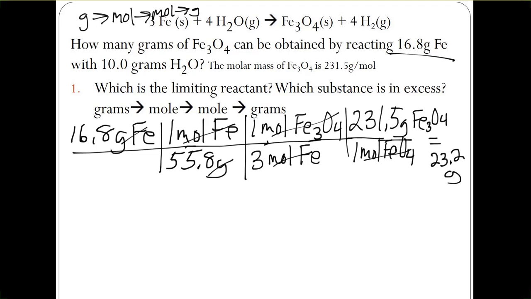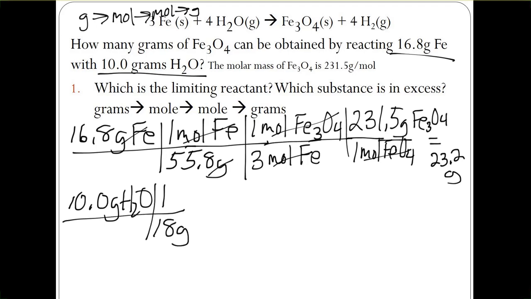I'm going to do everything the same with the second reactant. I'm given 10 grams as my starting point, and I will convert grams to moles, 18 grams in 1 mole, looking at the periodic table and adding up 2 hydrogens and 1 oxygen. Next, I will do moles to moles.